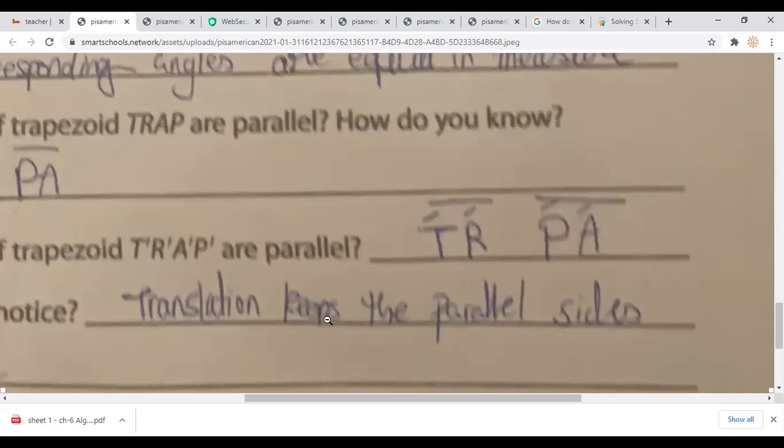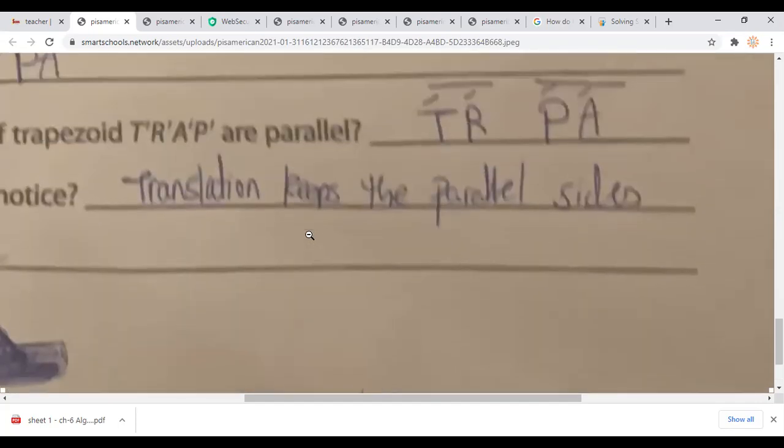We note that the sides that were parallel in the pre-image remain parallel in the image. So please take a note about the last question if you don't know it. For the last question, what do you note? The sides that were parallel in the pre-image remain parallel in the image.